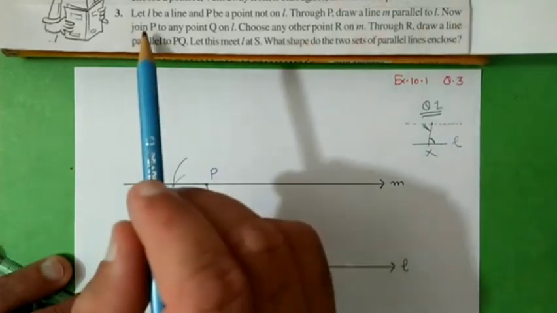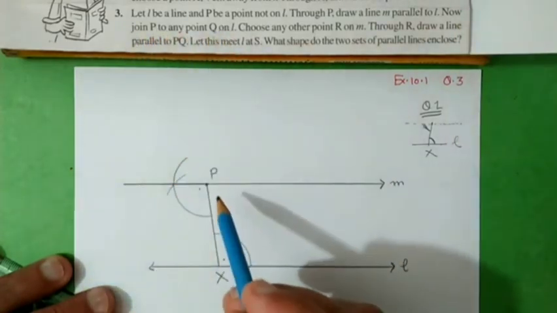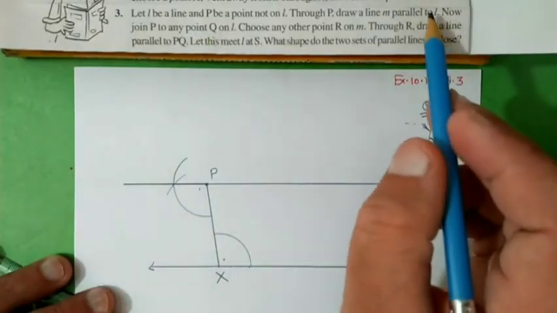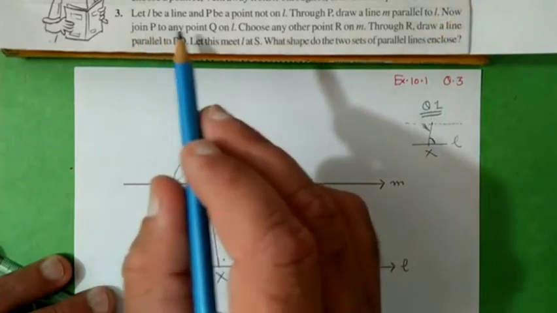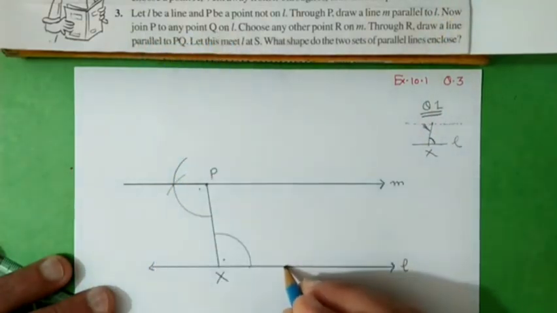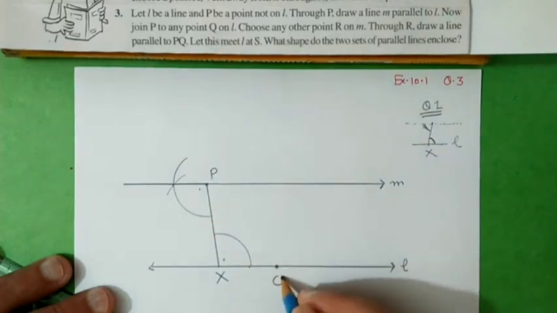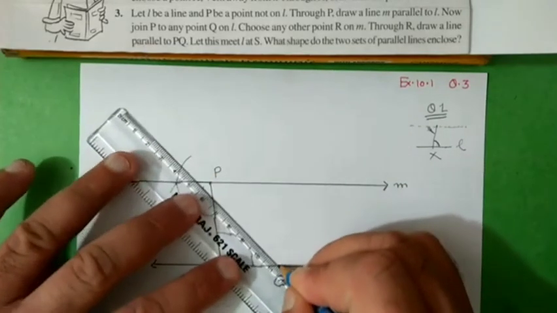Now join P to any point Q on L. We have to take any point Q on L. Now this is line L, and here I will take point Q. And now I will join this point P and Q.